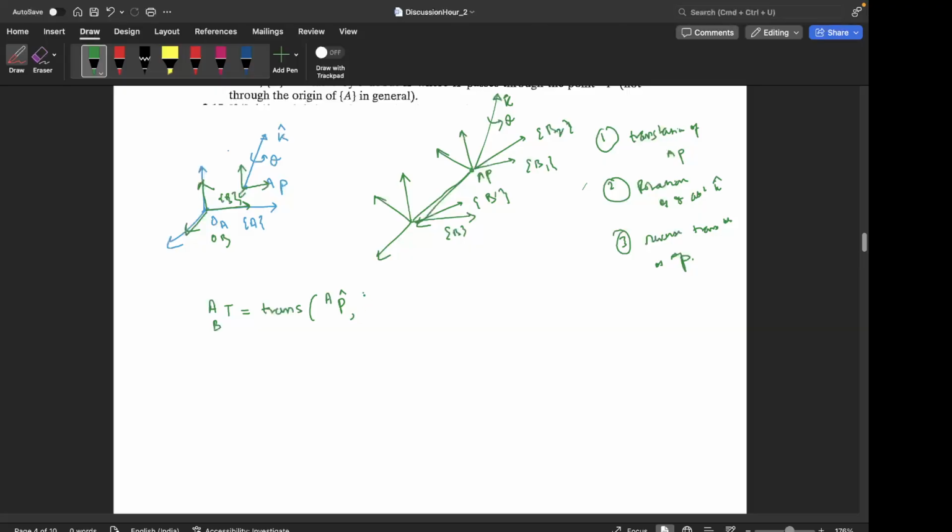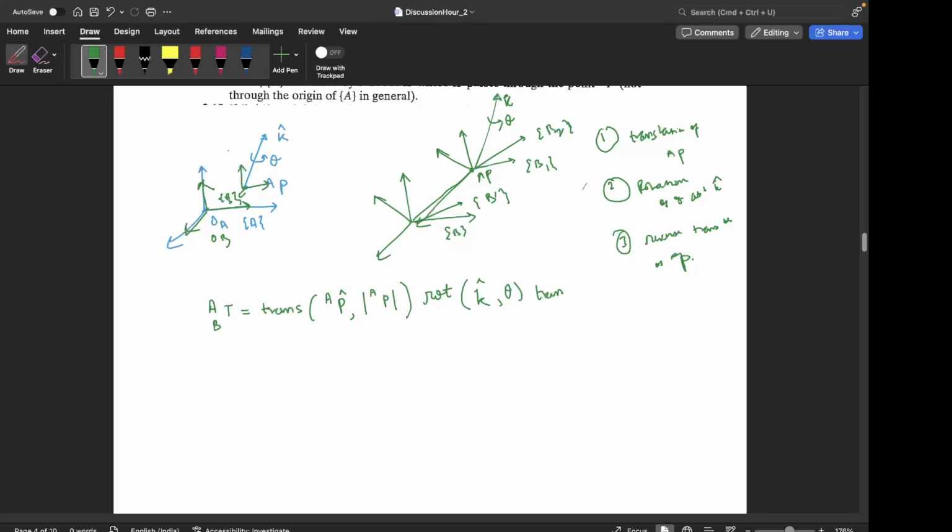So this is like translation along a unit vector along P, and the magnitude of translation is the magnitude of that vector P. Then we have rotation, and rotation is about axis K and by angle theta.